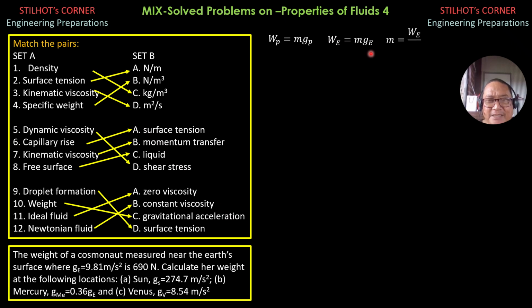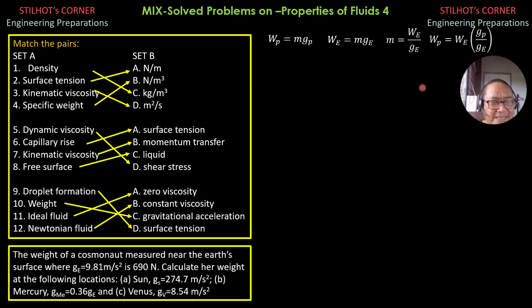So mass is weight on Earth divided by g of E. Therefore, the weight of the person or object at any place would be the mass times g of the place. So our equation would be: weight at any planet or place is weight on Earth times the ratio of the acceleration due to gravity, g of the place divided by g of the Earth.